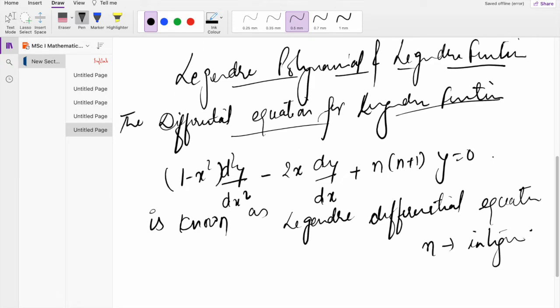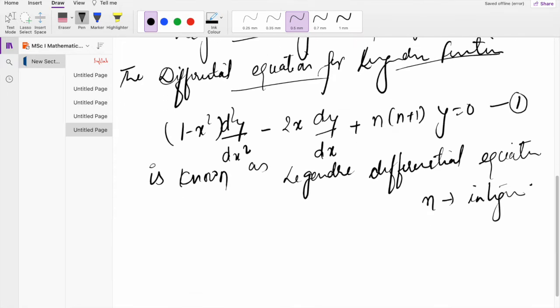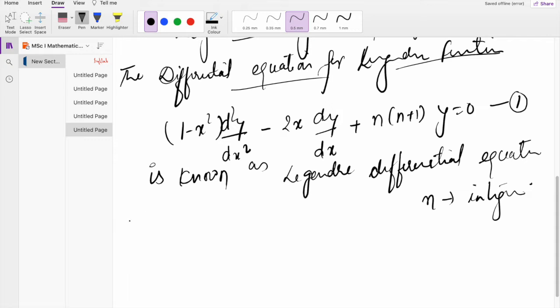So if this is our differential equation for Legendre, we need to know the solution for this differential equation. As we have already done, just assume a solution.